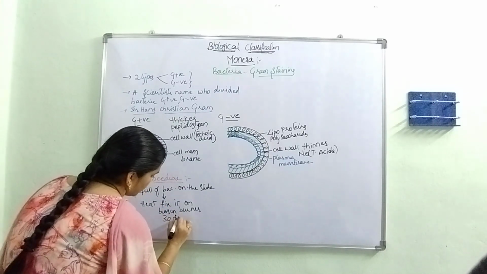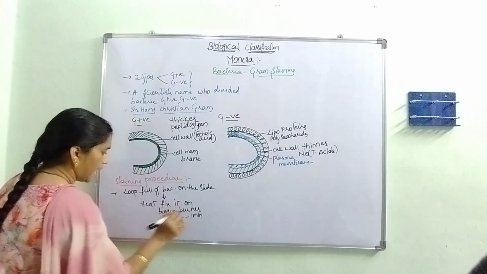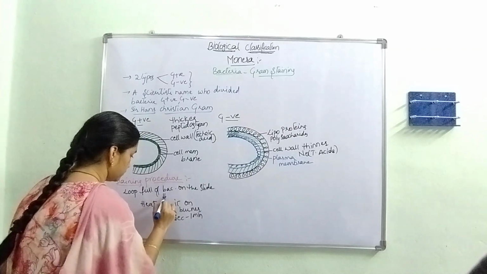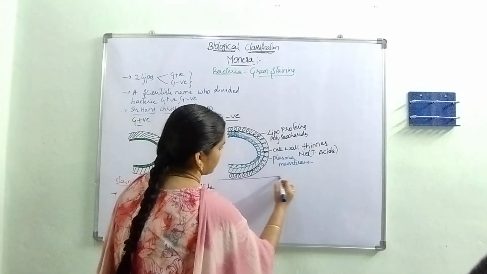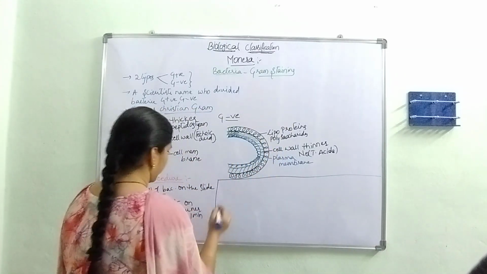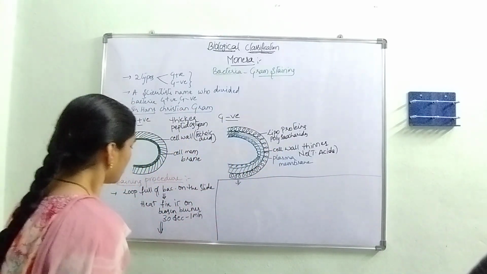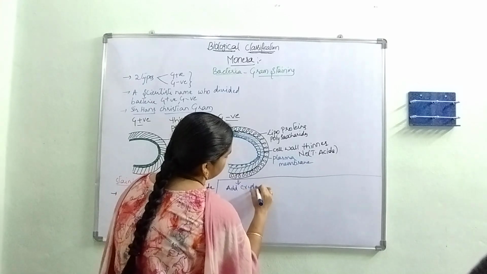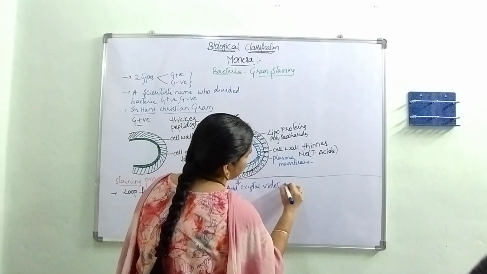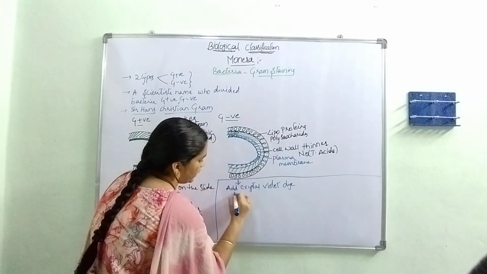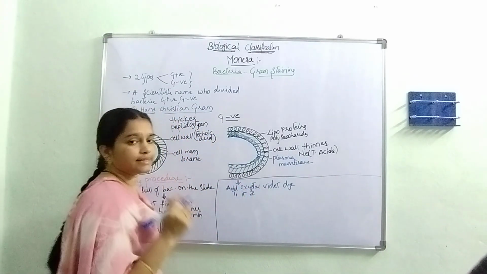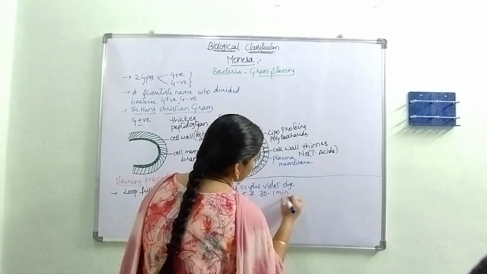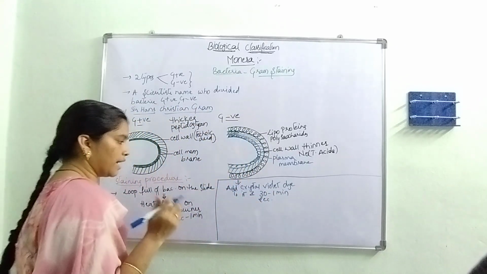Then add crystal violet dye to it and let it stand for 30 seconds to 1 minute.